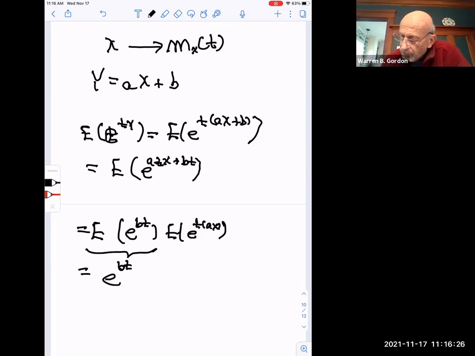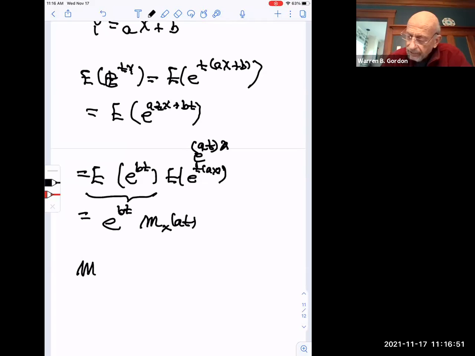And now this is just the moment generating function of x. Rewrite this as e to the a t x. So m sub y of t is just equal to e to the bt times m sub x of at.